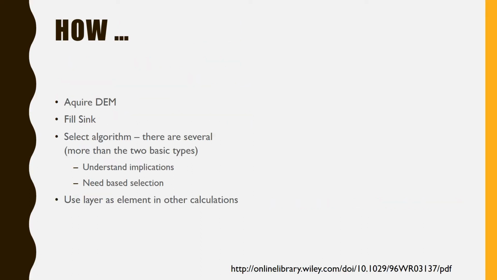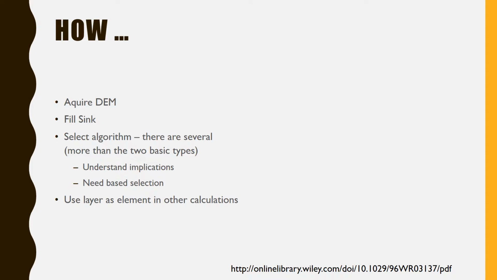So how do we do this? Well, the first thing you do is acquire a DEM, and then you fill the sinks. There's lots of different algorithms for doing this, but you need to understand the implications of what you choose when you do these calculations. In other words, fully explore the help section and even check out sources like Wikipedia and other websites to determine what you don't know about a data set, and then select the data set that most closely meets your needs.